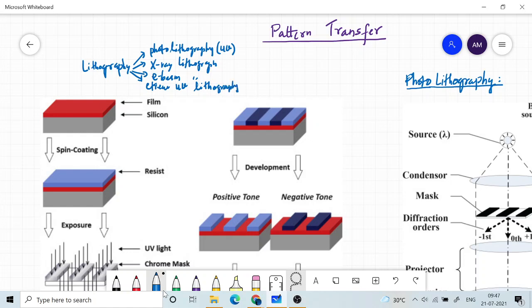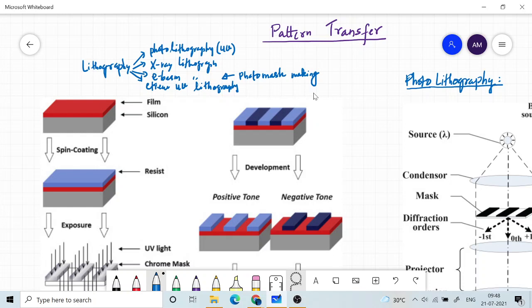Okay, so if you look, E-beam is very different compared to all the others. E-beam is basically using an electron beam. Mostly this is used to make what is called a photo mask. E-beam lithography is used for making photo masks, and a photo mask is used for all the other lithography: UV lithography, X-ray lithography, extreme UV lithography.